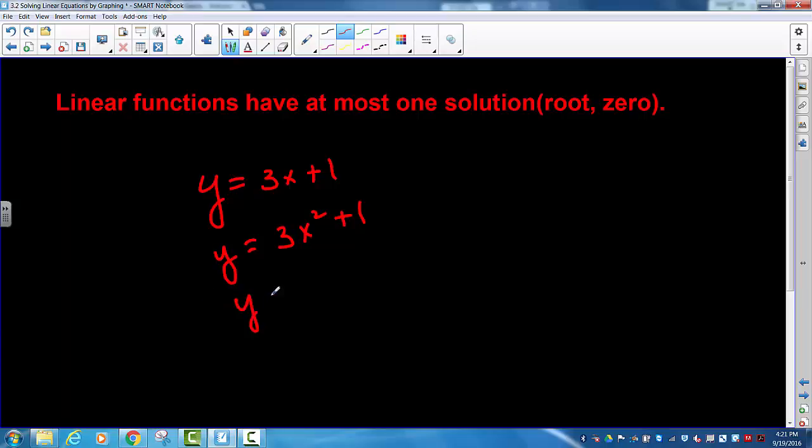What about y equals 3x cubed? How many solutions would that have? Yes, this one would have 2 solutions. This one would have 3 solutions. The reason is because of the exponent that you've got there, okay? So linear functions, which only have an exponent of 1 or less, will have one solution.